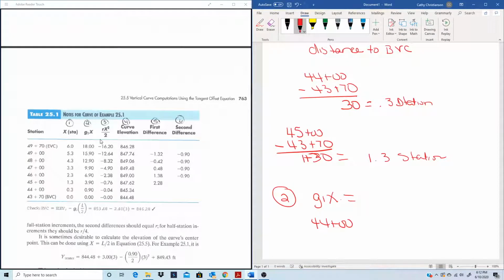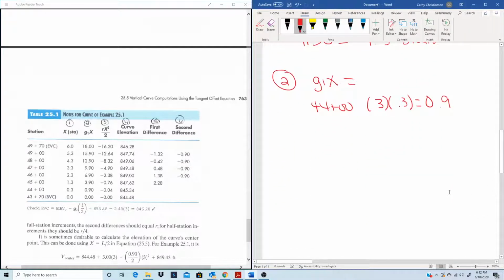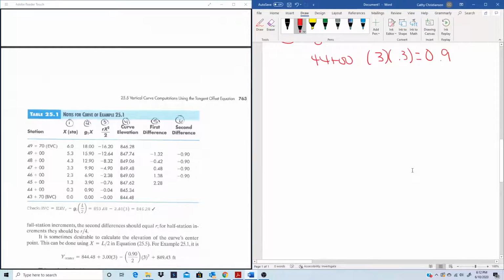That column 2 would be 3 times my X of 0.3, and that gives me 0.9. If I go to 45, the only thing that's going to change, G1 is 3, and my X for that one is 1.3, and that gives me a 3.9.